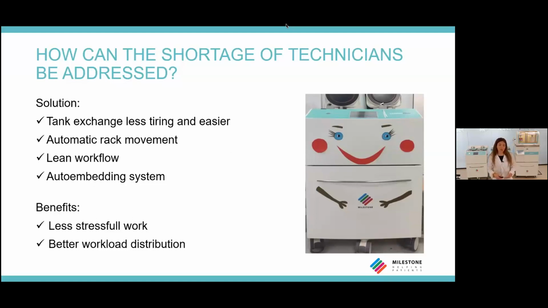Again, the use of the auto-embedding system, so I don't require the passage of the auto-embedding. And all these measures are little steps that help towards a lighter and less stressful work to support the current professionals.